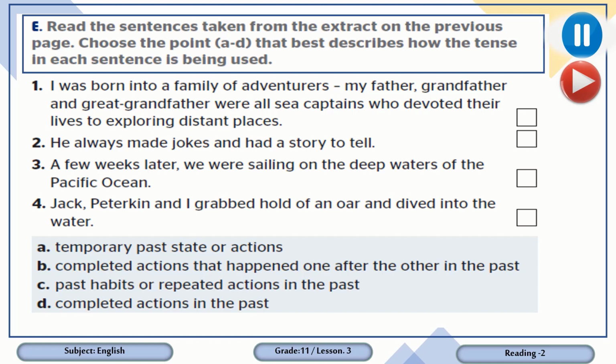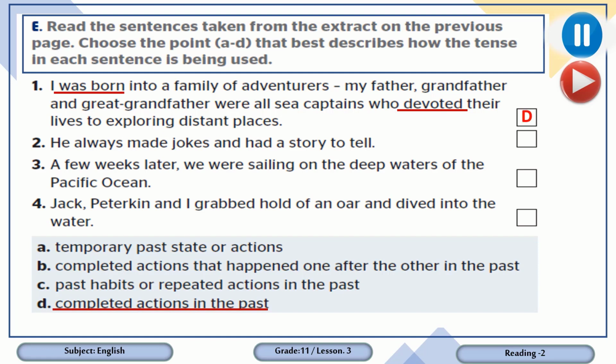Okay, now it's time to check the answers. Number 1. I was born into a family of adventurers. My father, grandfather, and great-grandfather were all sea captains who devoted their lives to exploring distant places. So, which description have you given to sentence number 1?